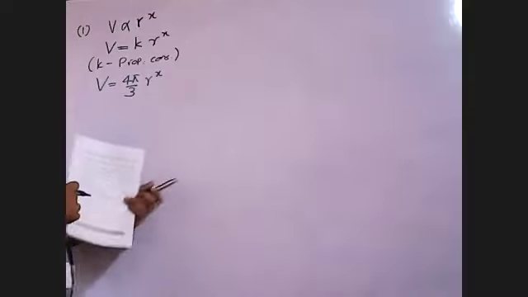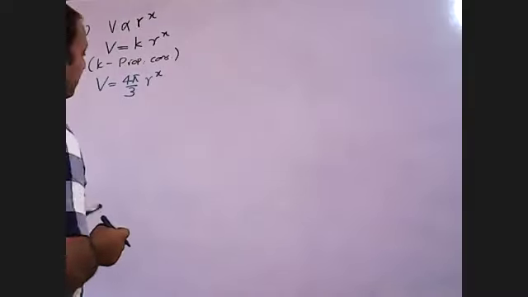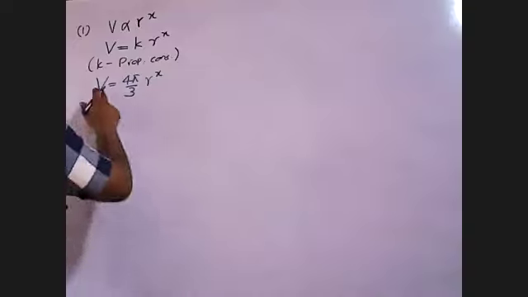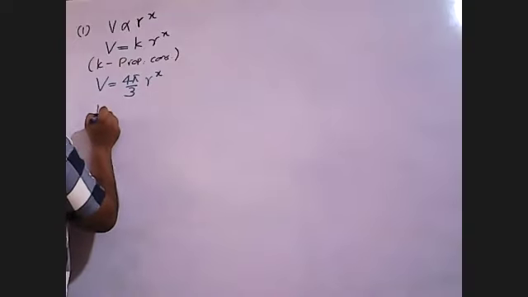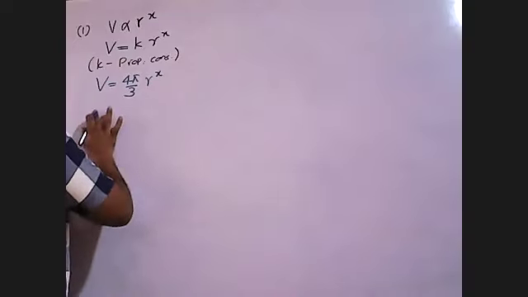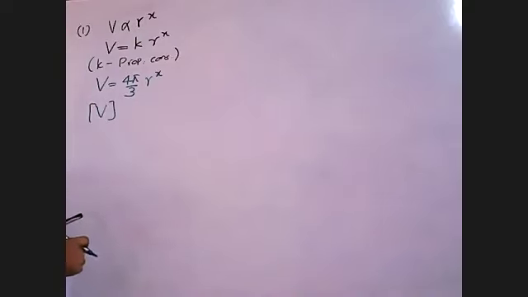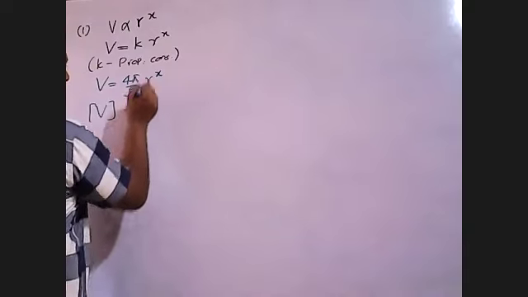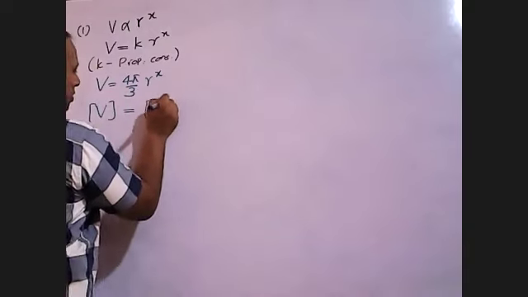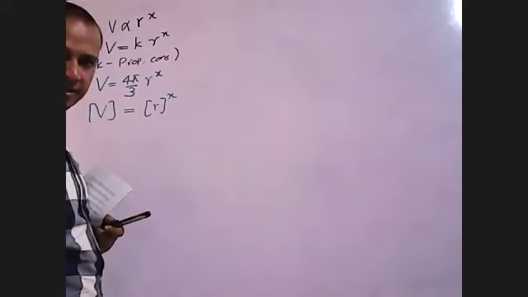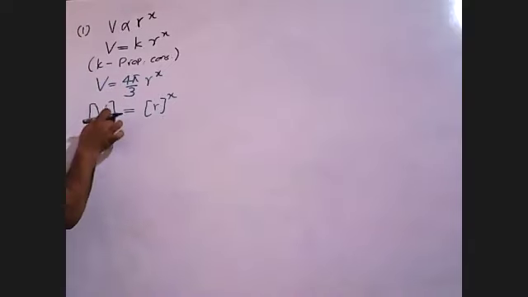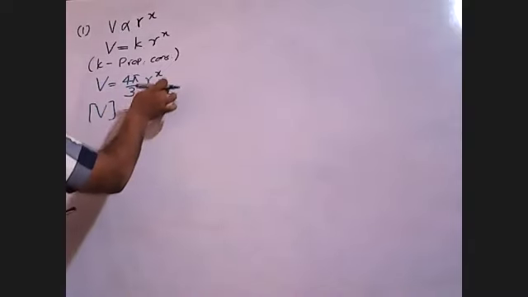Now you can use dimensional analysis to find the value of x. The dimension of volume is equal to the dimension of R to the power x, because 4π over 3 doesn't have a dimension, it's just a number.